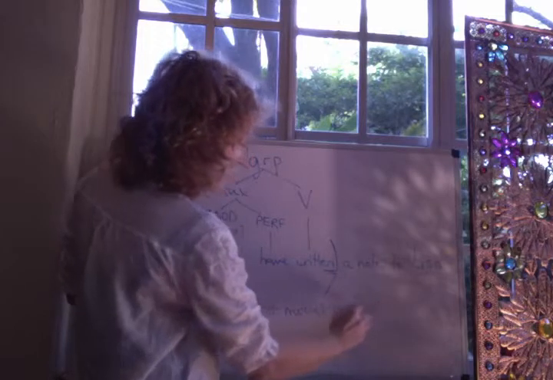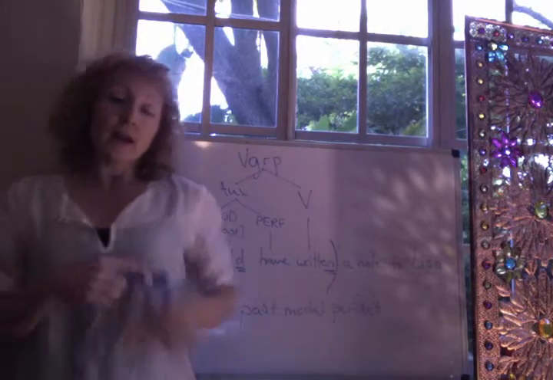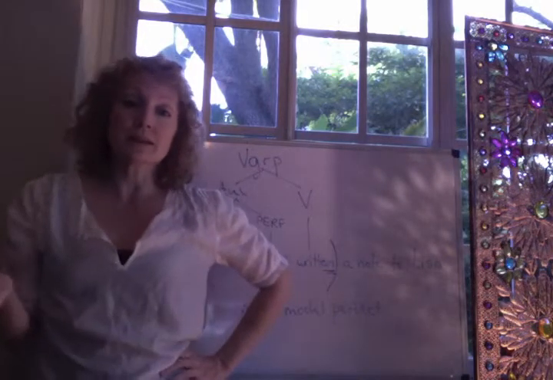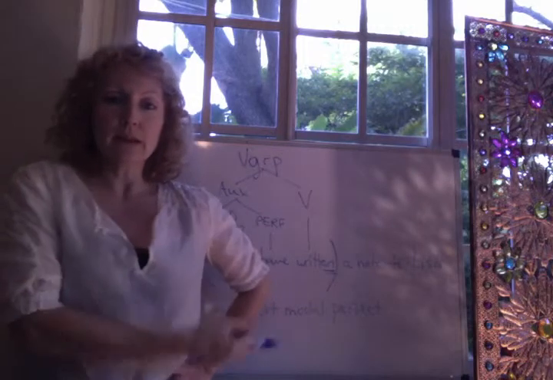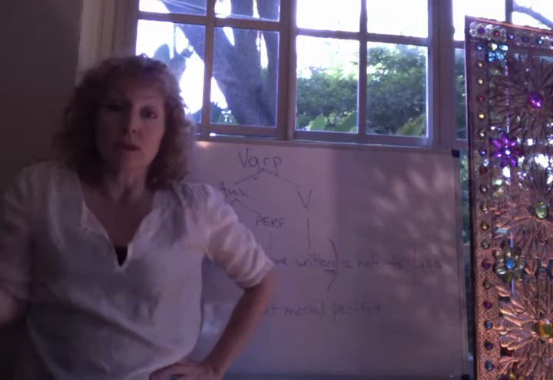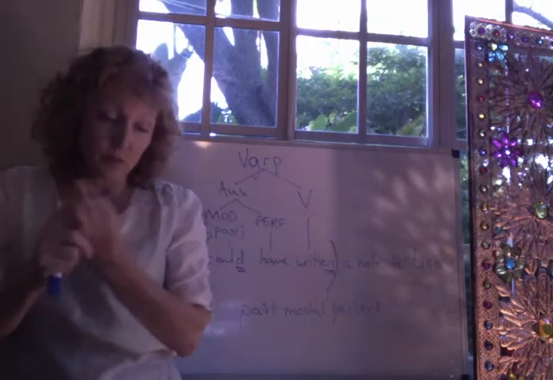That would be the label that we would give to a sentence such as this. And I could ask you, okay, what is a sentence that appears in the past modal perfect? And you would give me an example like this, or any other example that appears with those three things, the past, the modal, and the perfect.